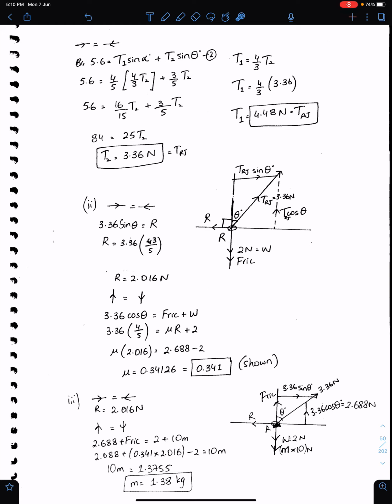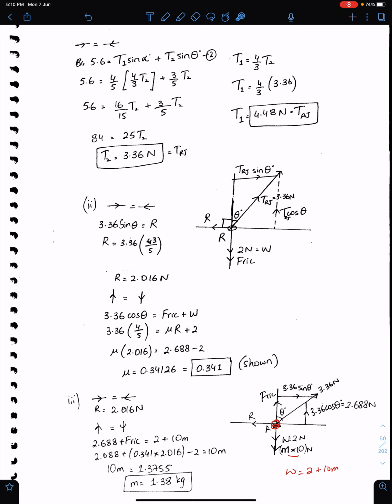See, the weight of this new system, the weight of these two particles will be 2 plus 10m. This is the weight of these two rings, and friction will act in this direction.